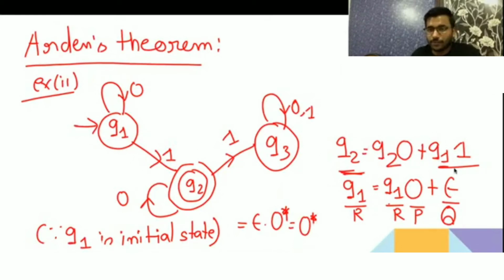Q1 by getting 0 reaches Q1, and since it is the initial state we have to give plus epsilon. Since it is already in the form R equal to Rp plus Q, it is going to Qp star. Q is epsilon and P is 0, so you get 0 star only, since Q1 is the initial state.